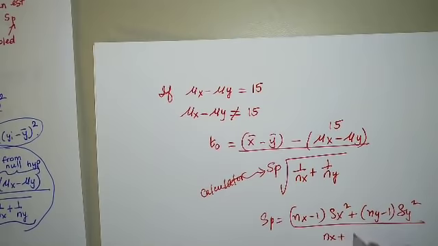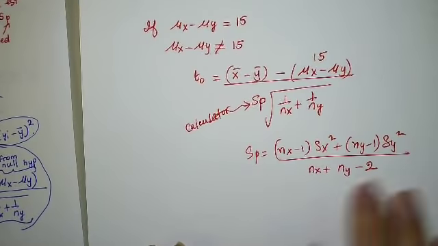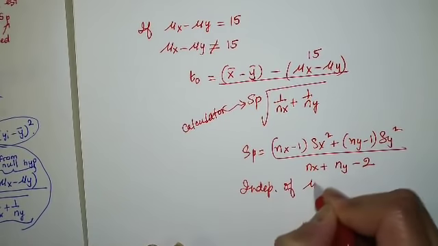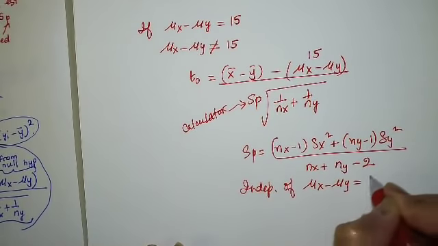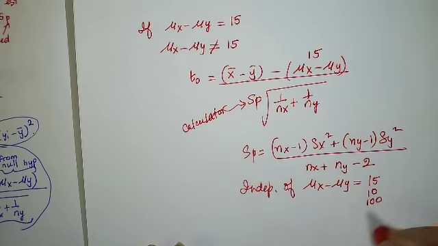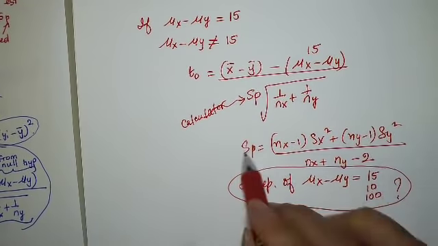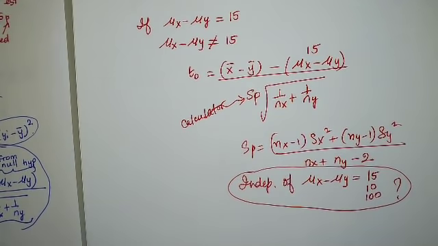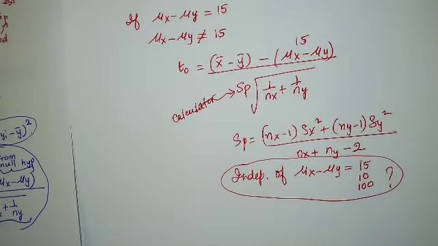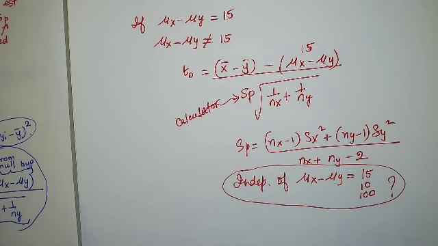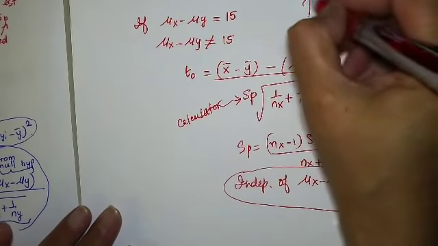So really the only part left for me to do is to plug into this formula where the SP is provided by the calculator. Follow what I mean? Because SP squared is equal to nx minus 1 times sx squared plus ny minus 1 times sy squared over nx plus ny minus 2. And this formula is independent of mu x minus mu y equaling 15 or 10 or 100 or what have you. So it doesn't matter.